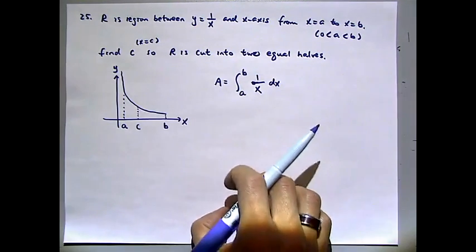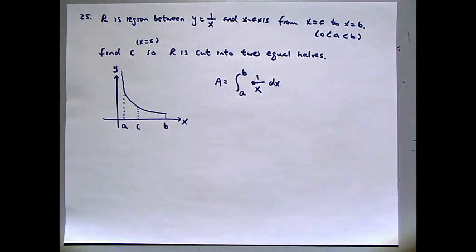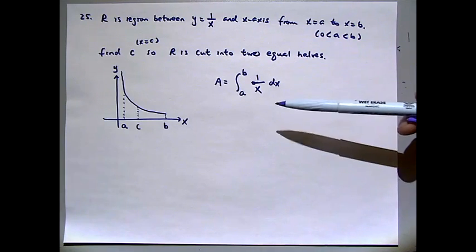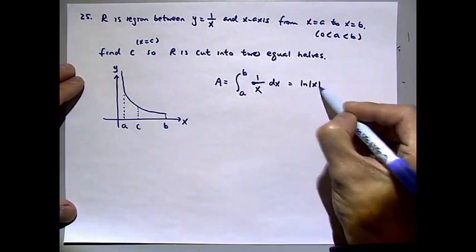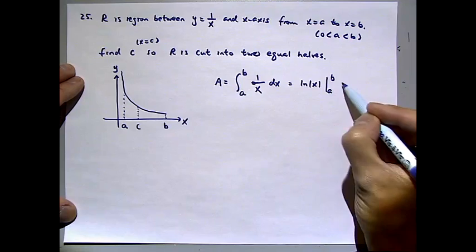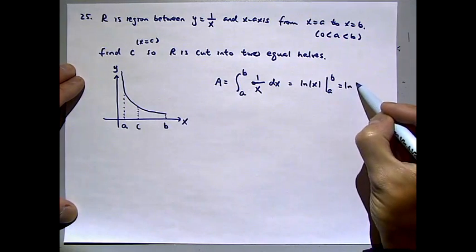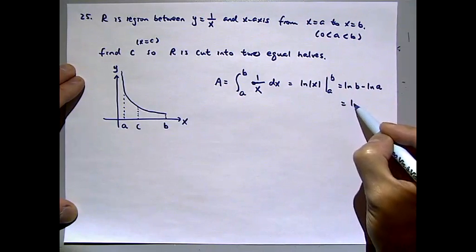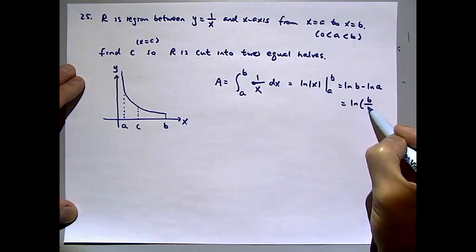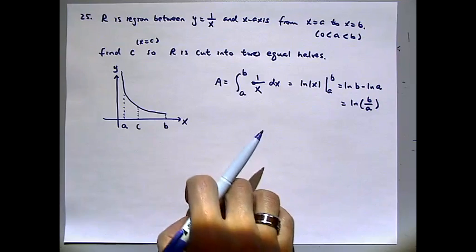So let's first find out this entire thing. The area of that region R is the integral from a to b of 1 over x dx. And we know this is natural log of x, from a to b. So that's natural log of b minus natural log of a, or natural log of b over a. Either way is fine.